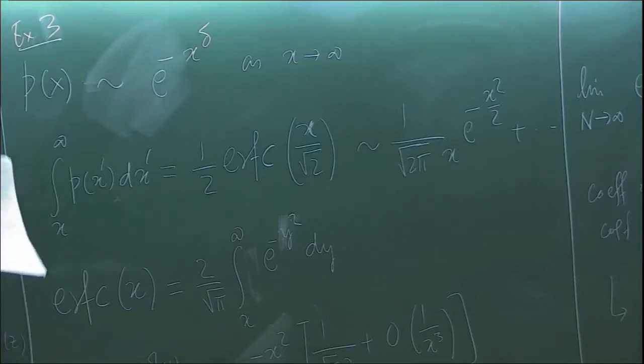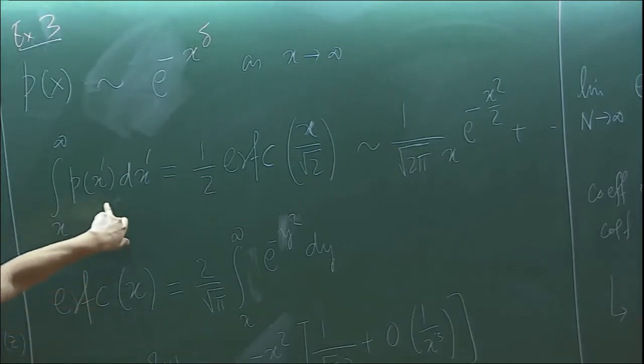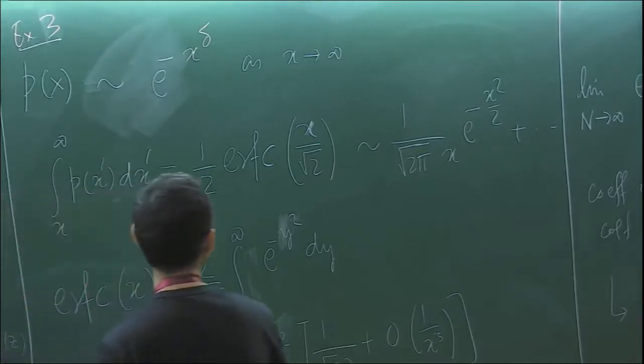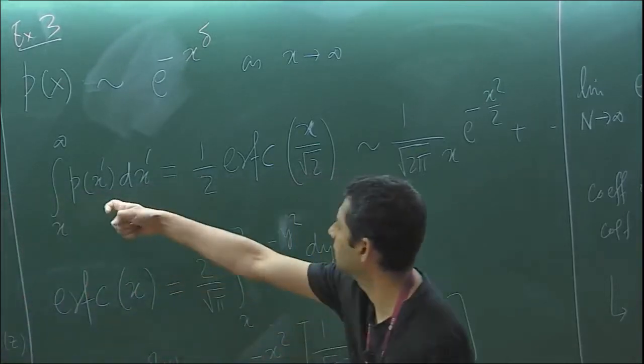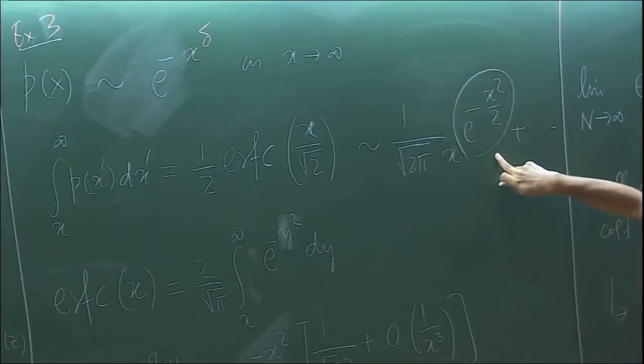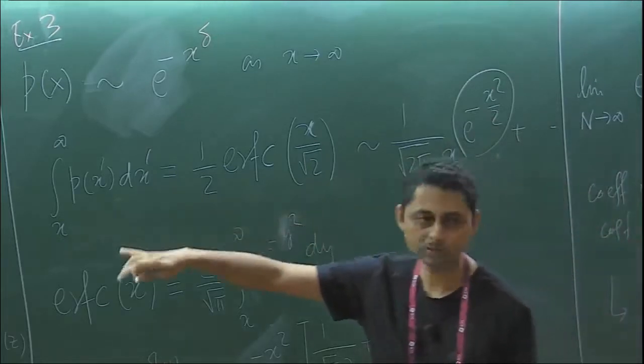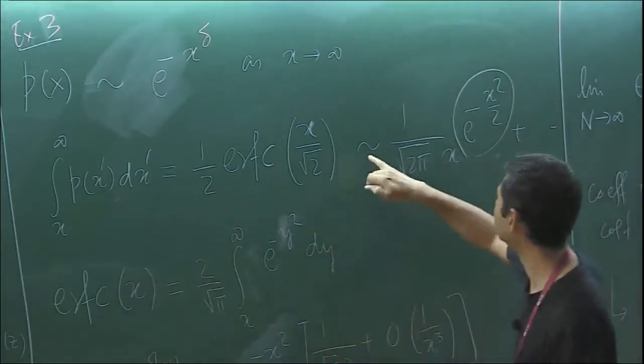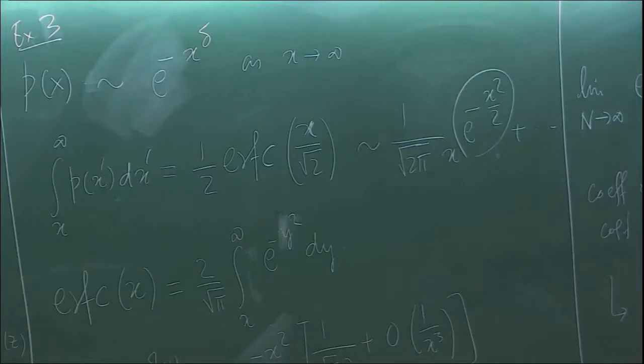Okay. So suppose this is how p of x behaves. So how does this integral behave? To the leading order again, look at this integral. To the leading order, this integral behaves just like that function, right? So this is a subleading term which gave you this log correction. So these corrections give you the subleading terms, okay?